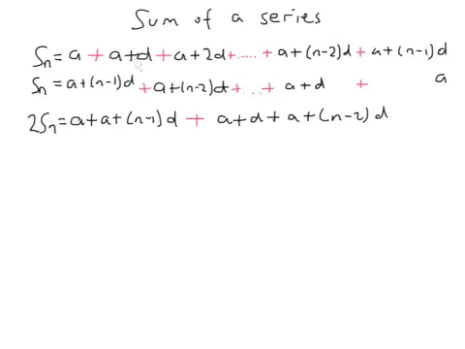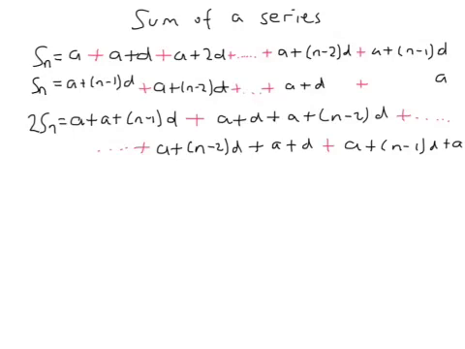I've added that expression to that expression. Let's carry on with this, plus dot dot dot, and then the penultimate term is A plus (n minus 2)D, and I've got to add that to A plus D. And then the last terms are A plus (n minus 1)D plus A.